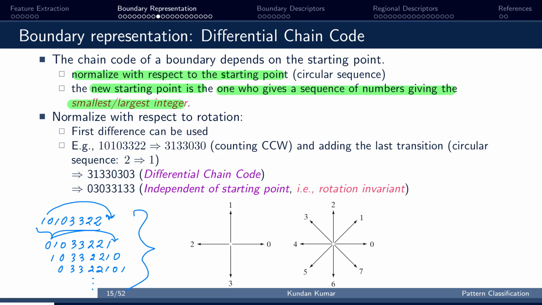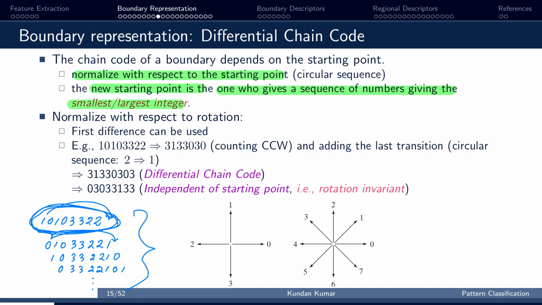And we have to select that integer which is the largest or smallest. So from where we have to split it in circular sequence so that it will become the largest?